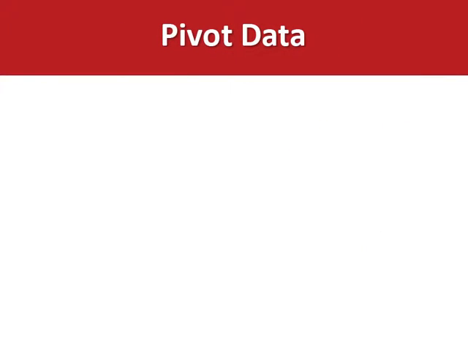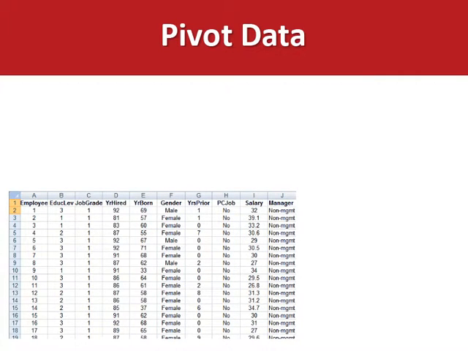Now, the practical problem we want to address in this lesson is how precisely does one create a contingency table given the data we often get. Typically the data we get from a database or from some other system is in tabular form. That is, you have columns of data and each row represents an observation.